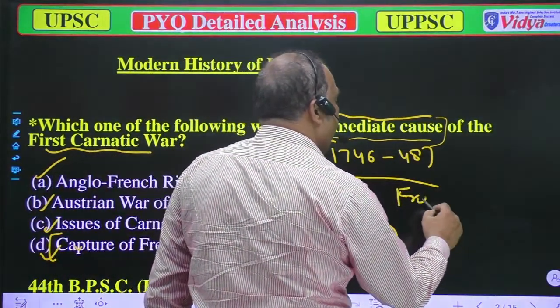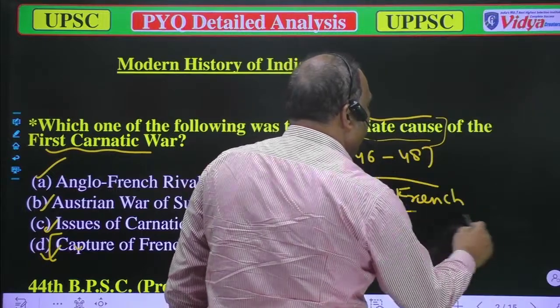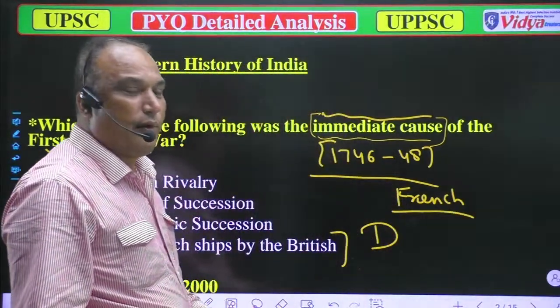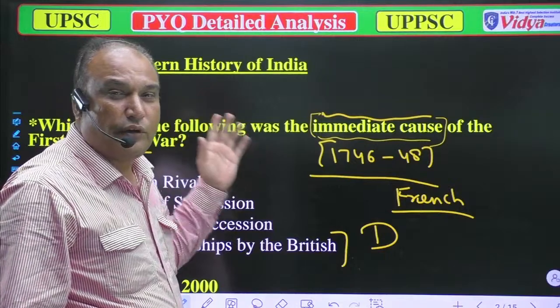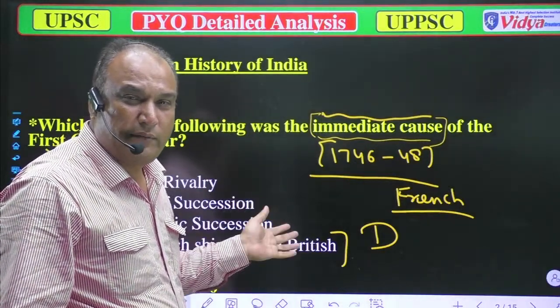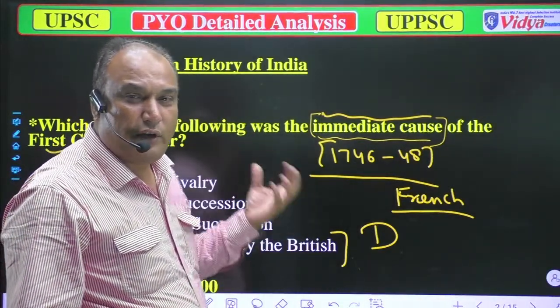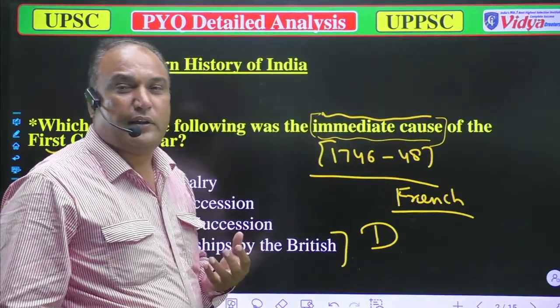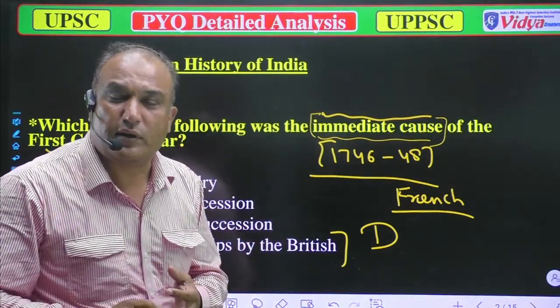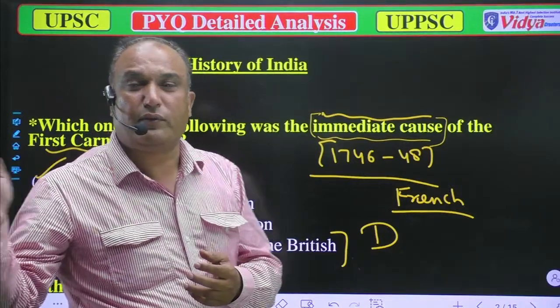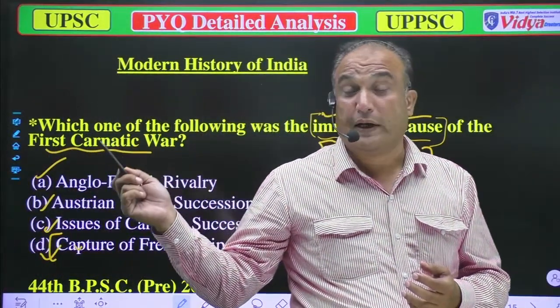the French got the advantage, because the policy of Dupleix was dominant. Whatever policy he adopted was the first form of the subsidiary alliance treaty, which was later introduced by Lord Wellesley.